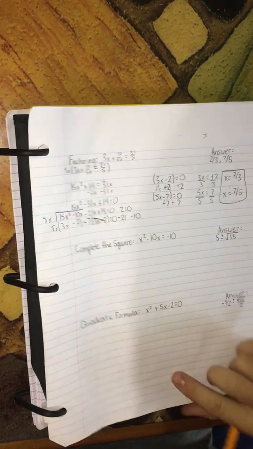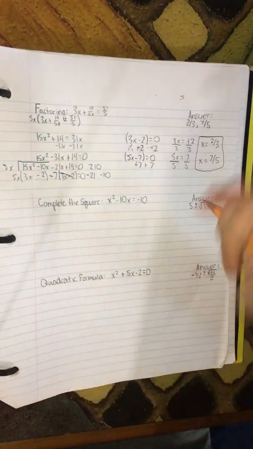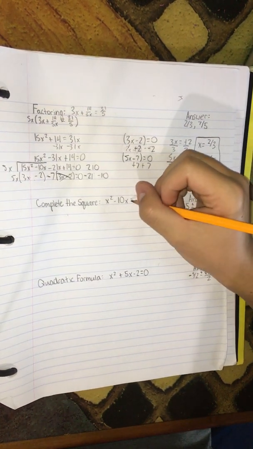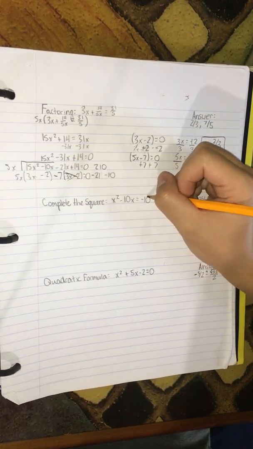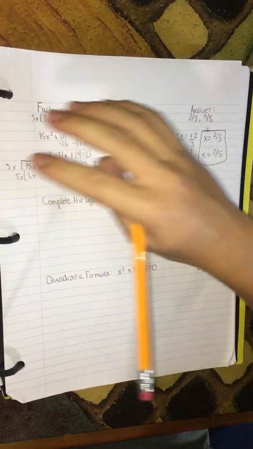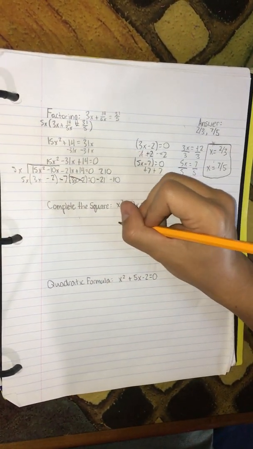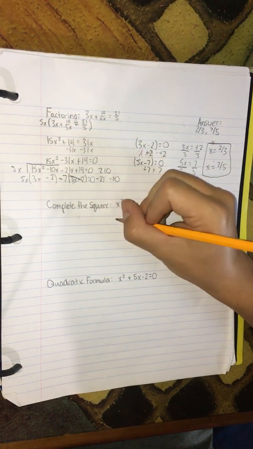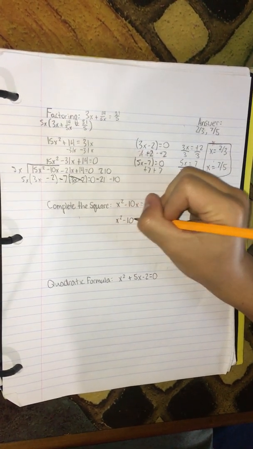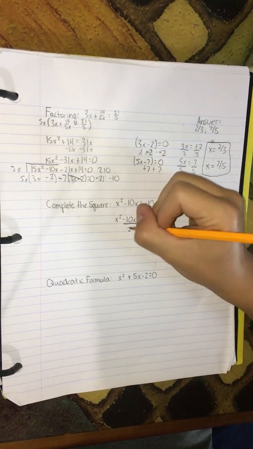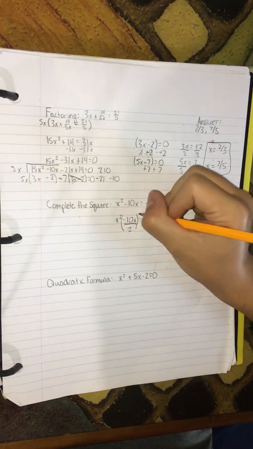Next, on to complete the square. Complete the square is quite simple. The only difference is you don't set the equation equal to 0, you set it to the constant. In this case, you already had the constant set. So, all you have to do is divide by 2 and square it.